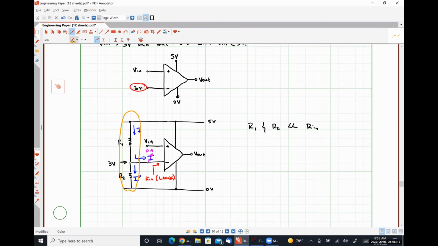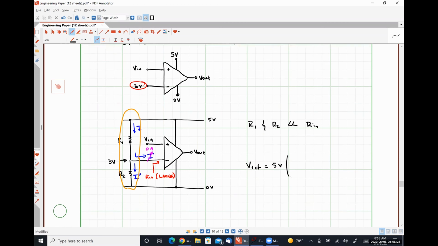We know that the output of a voltage divider, where our output voltage is Vref in this case, is going to be simply our supply voltage, 5 volts, times the ratio of R2 over R1 plus R2. Well, if Vref is 3 volts, we know our supply voltage is 5 volts.